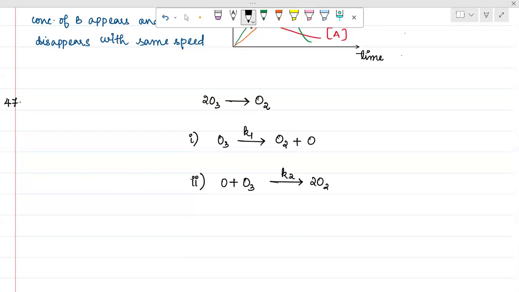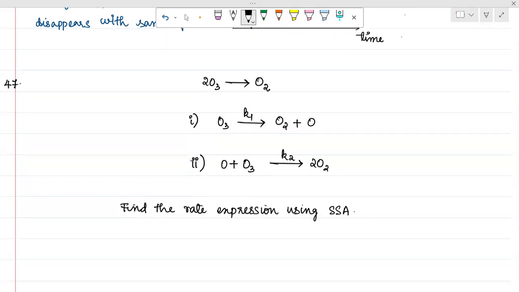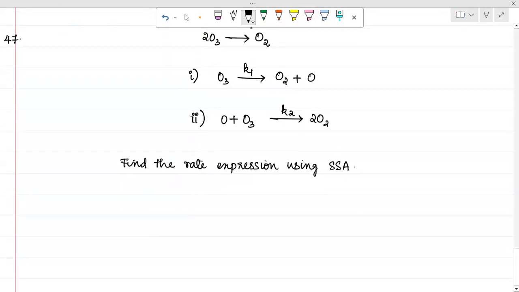Now they have asked us to find the rate expression using SSA. SSA is steady state approximation. One thing: here in this question, they have not given the slowest step. They have not mentioned whether step 1 or step 2 is the slowest step. Unless and until we know the slowest step, we cannot determine the RDS, the rate determining step.